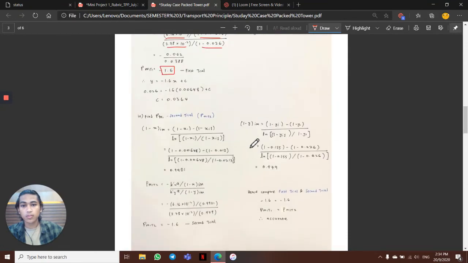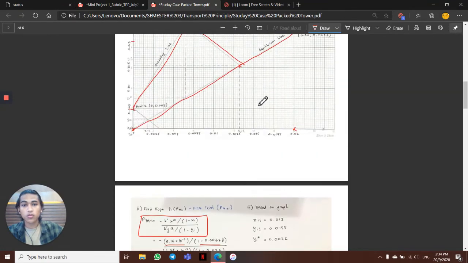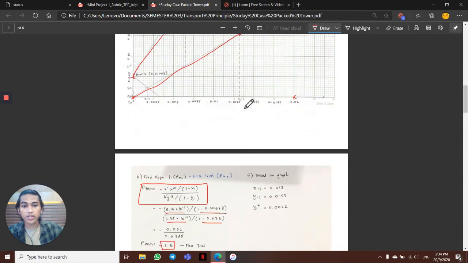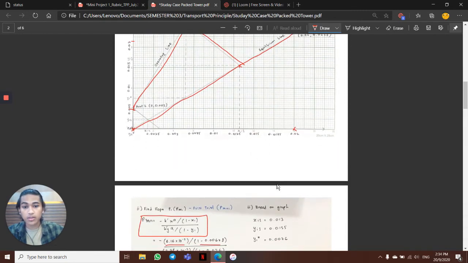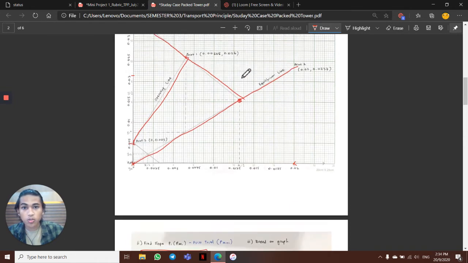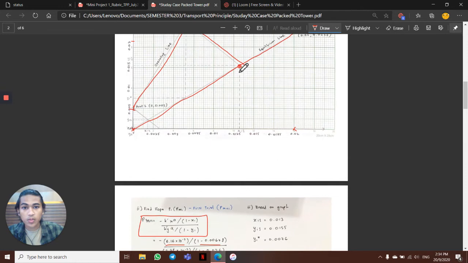Okay, so from this point you can derive three things, which are xi1, yi1, and y1 star. How to get xi1 from this point of the slope touching the equilibrium line? Just pull down vertically until it touches the x-axis.